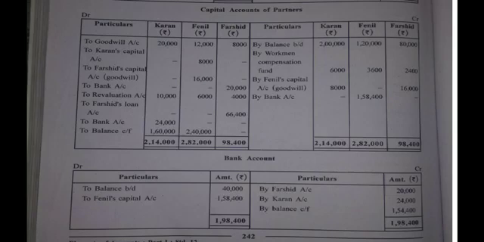Alright. So bank account, the total of debit side is higher, which is 40,000 plus 1,58,400. 1,58,400 plus 40,000 gives you 1,98,400, minus 20,000 minus 24,000, and the balancing figure is 1,54,400.